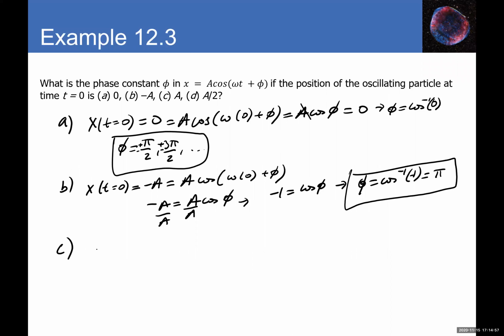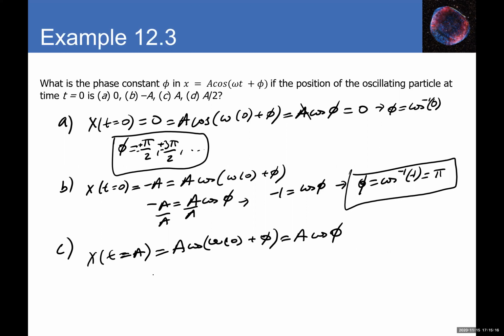Right, so for C, it's x when t is equal to A, which equals A cosine of omega times 0 plus phi, which is A cosine of phi.